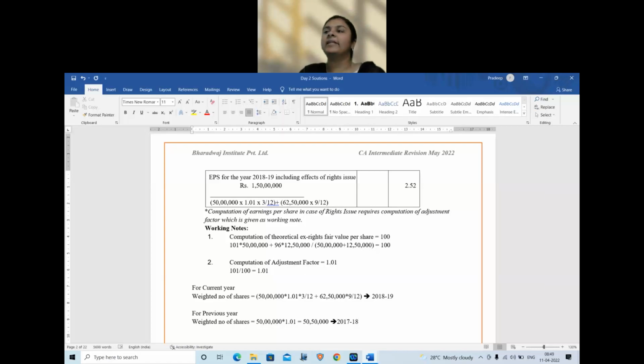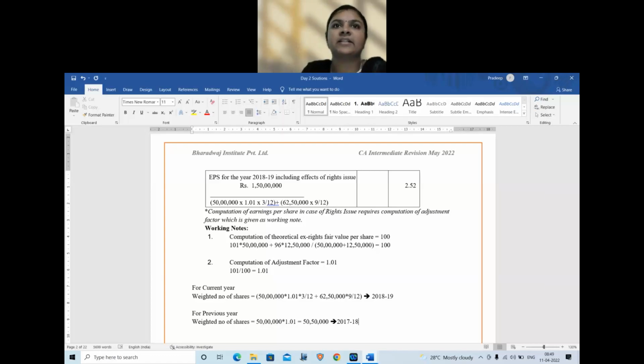I am repeating the weighted average calculation for current year and previous year. For the current year, I need to consider the weighted average in two portions. First, pre-rights, then post-rights. For pre-rights, the total number of shares will be multiplied by the adjustment factor or rights factor into number of months. For post-rights, the total number of shares, including the rights issue, will be considered.